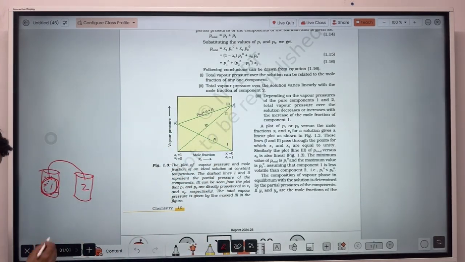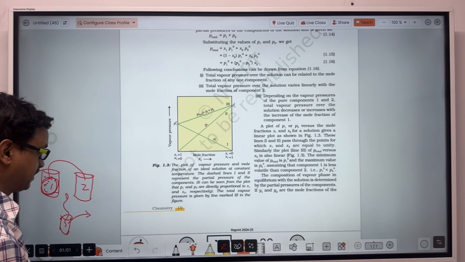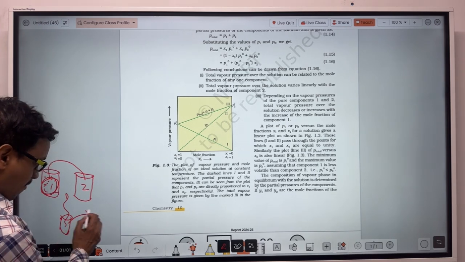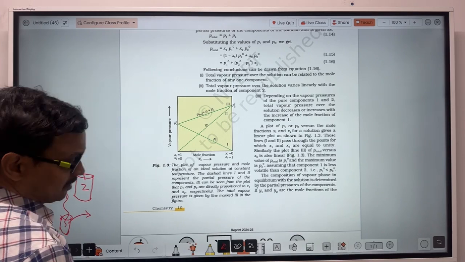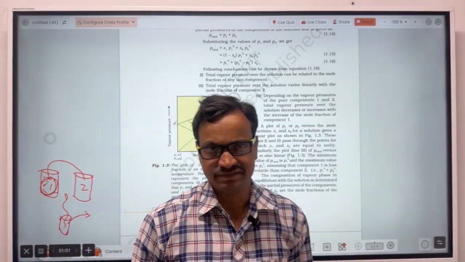There will be a state where the amount of liquid 2 will be much more than that of liquid 1. So the mole fraction of liquid 2 will be nearly equal to 1.